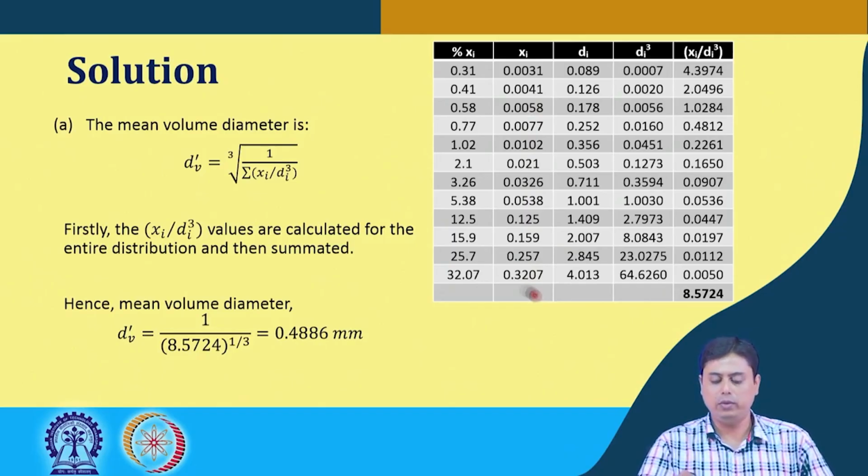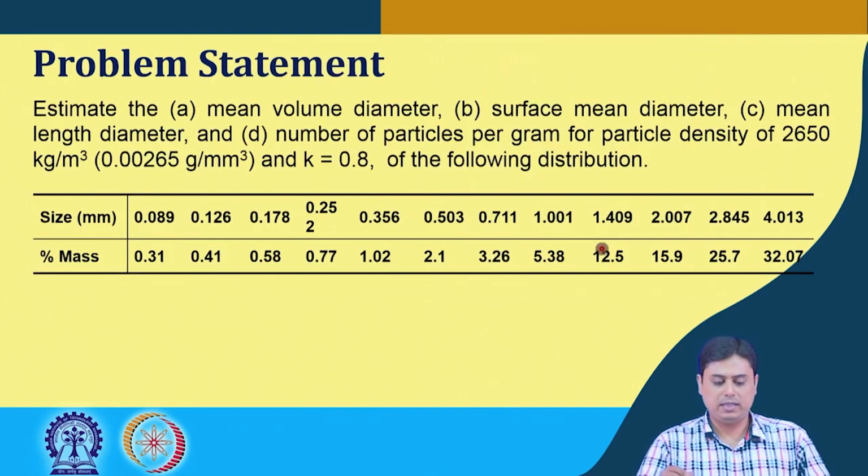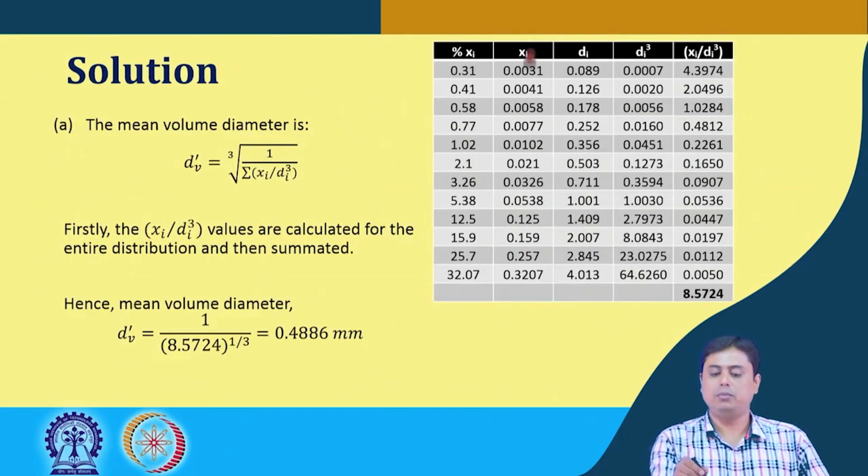Then the d value is also given in the table. The first row is the d value, the second row is the percentage x value. From there we find x, and d is given.